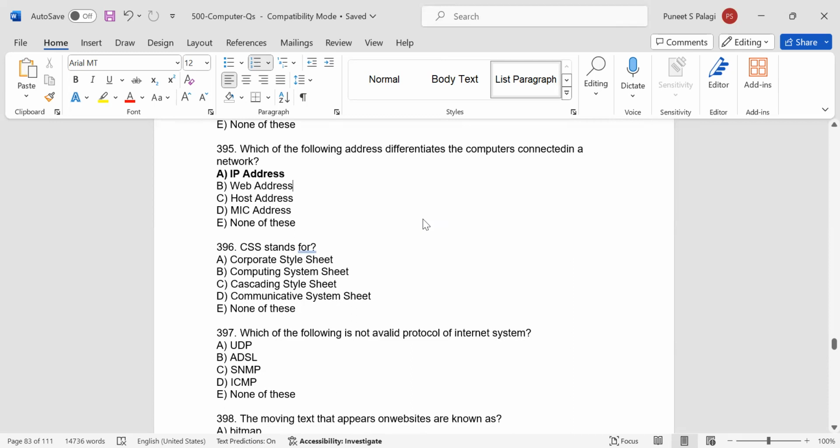CSS stands for corporate style sheet, computing style sheet, cascading style sheet, communicative style sheet. It is cascading style sheet.